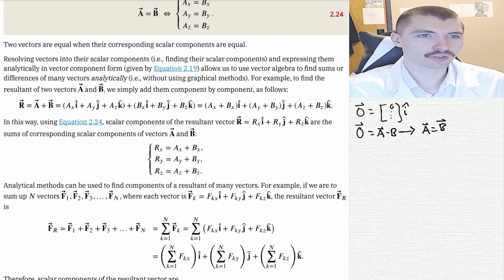Alright, so resolving vectors into their scalar components in vector component form allows us to use vector algebra to find sums or differences analytically. To find the resultant of two vectors A and B, simply add them component by component.